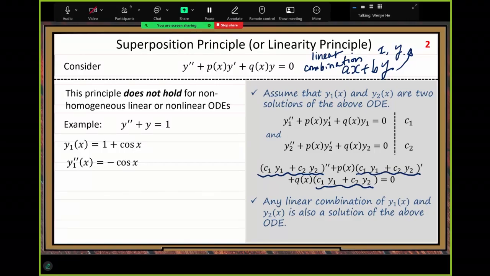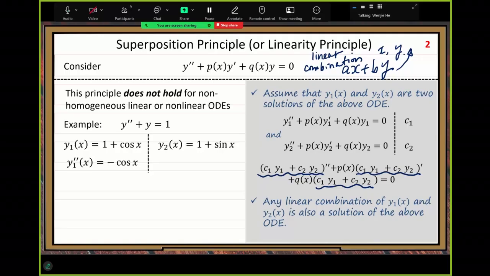But now we want to take a linear combination of y1, y2, then plug in, to see if the linear combination of y1, y2 also gives us a new solution. You will see, no.